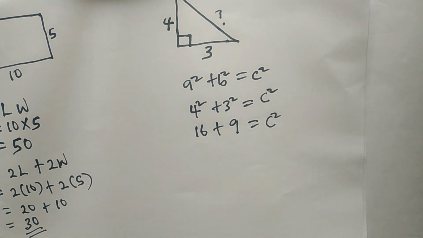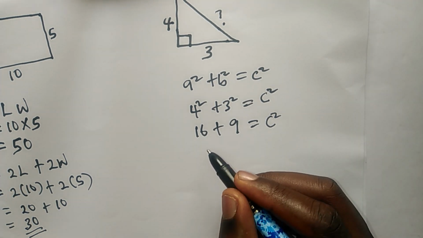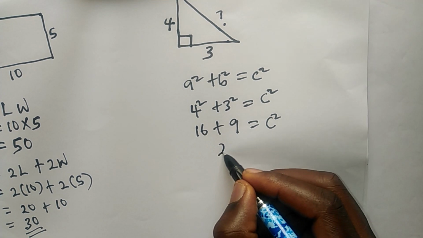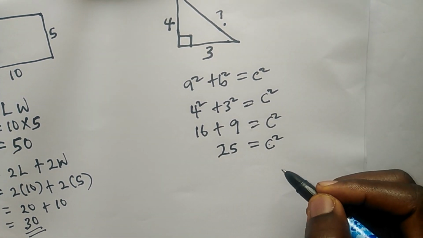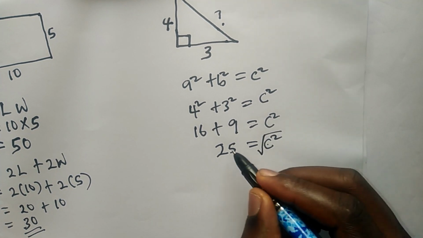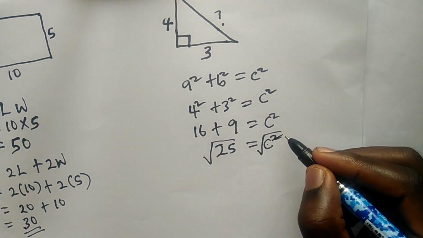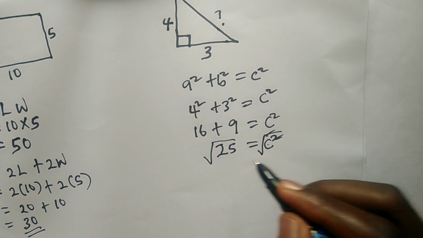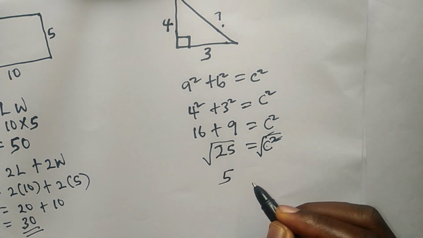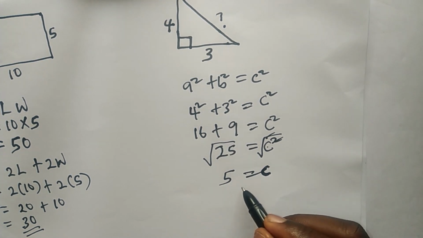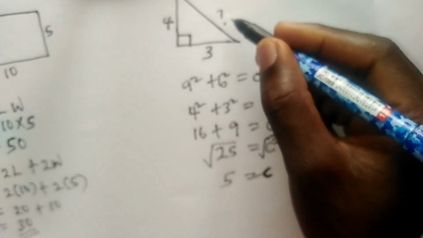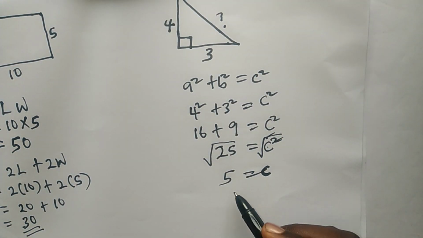Next we say 16 plus 9 is 25. This equals c squared. You take the square root of both sides. Square cancels square root. The square root of 25 is 5, equal to c. So this is what this side represents. c is equal to 5.